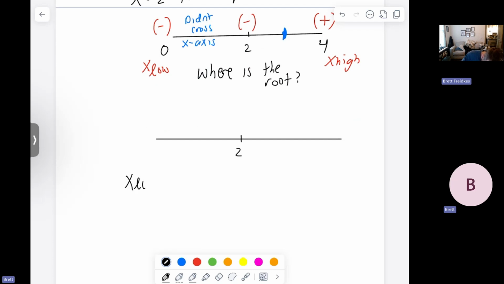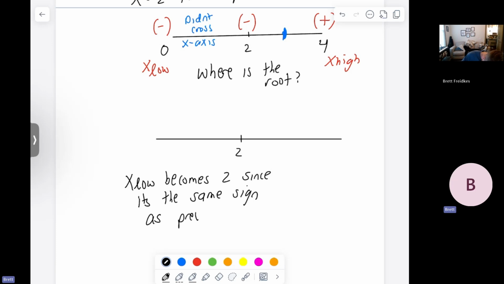So x low becomes 2 since it's the same sign as the previous x low, which means that the 4 is still here and that will stay our x high. And then we would repeat.